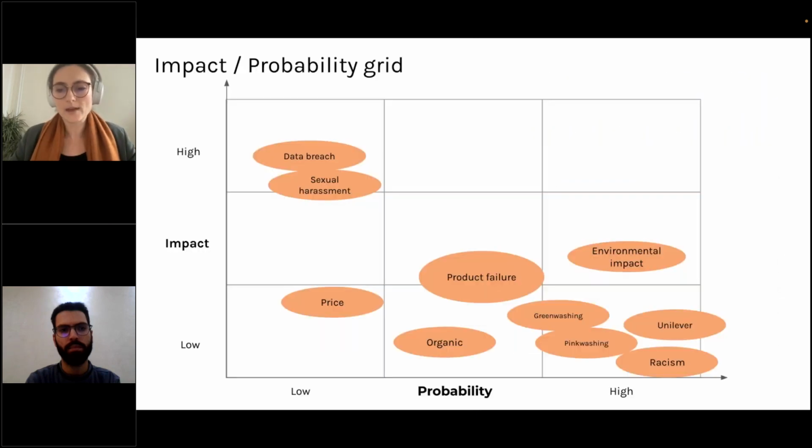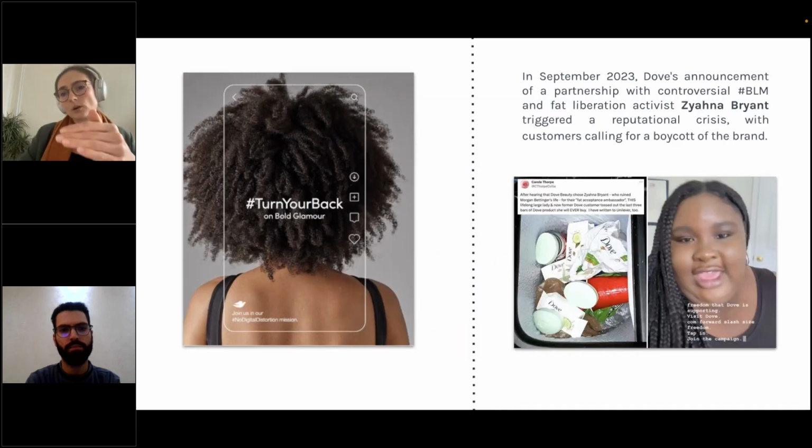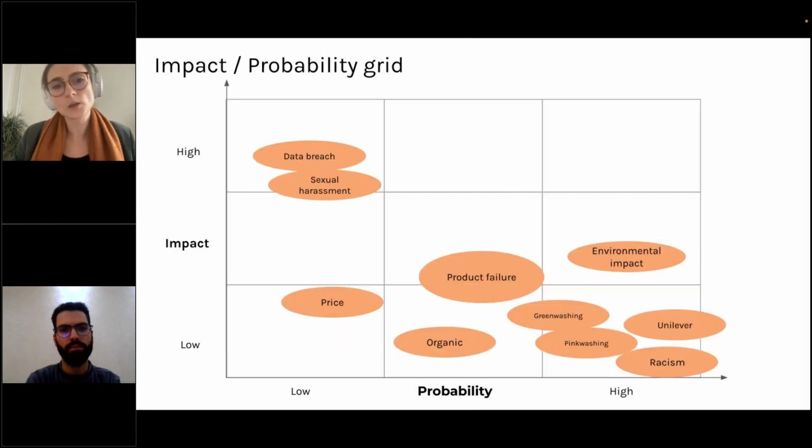Okay. And also beyond this crisis, we also set up the platform to look at the other threats that a brand such as Dove might be facing. And we've created, you might be familiar with these grids. They're very useful for risk management.